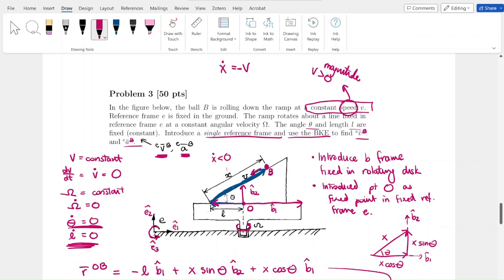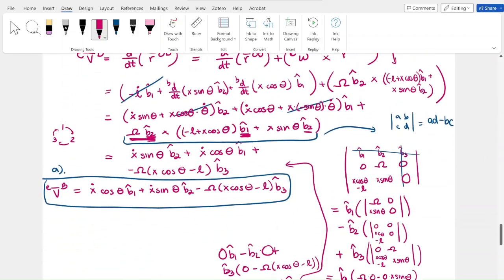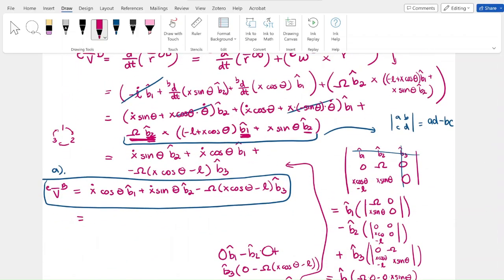So x dot in this case is going to be equal to negative v, so another way of writing this is negative v cosine theta b1 hat minus v sine theta b2 hat minus omega times x cosine theta minus L b3 hat.